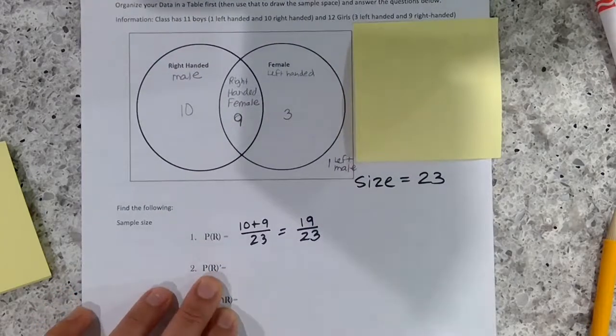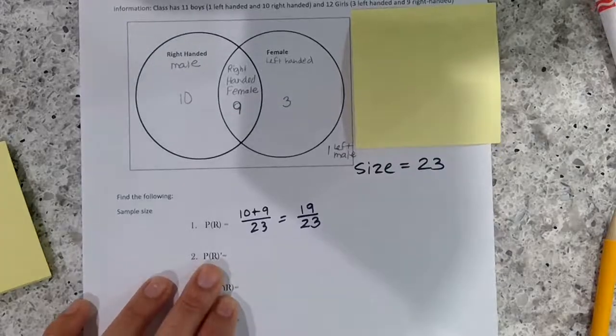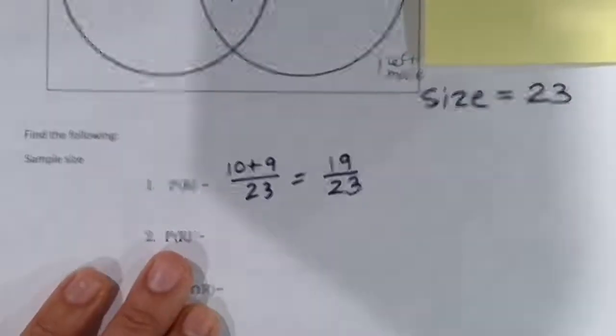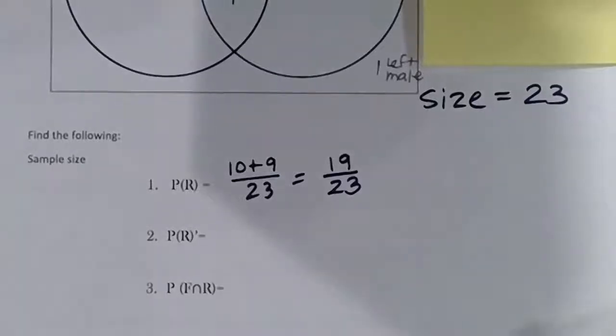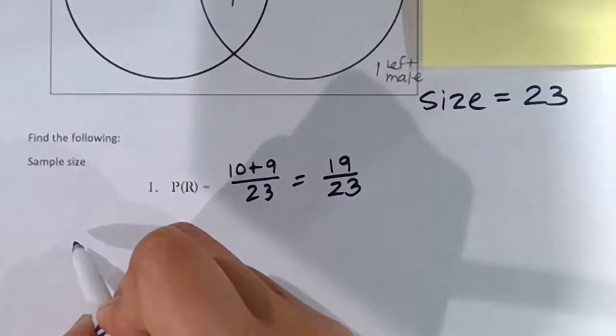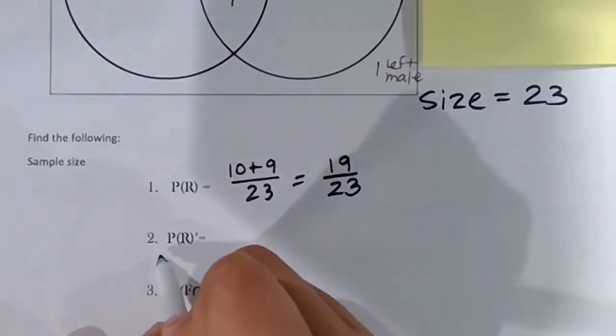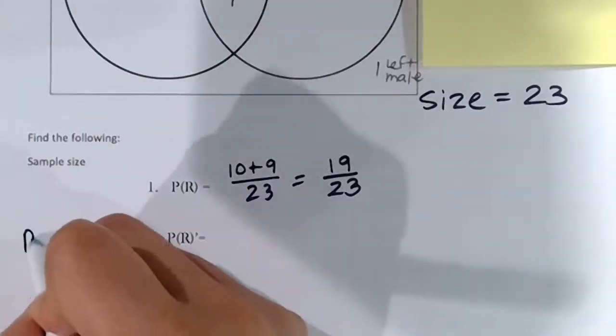This one, I don't know that I've shown you what that little symbol means. That little apostrophe is not. So probability that they are not right-handed.